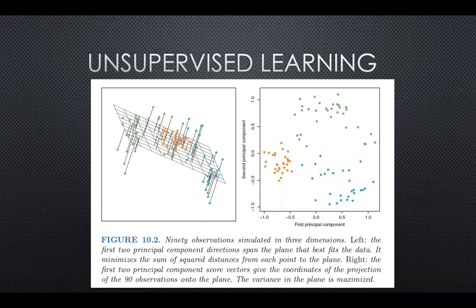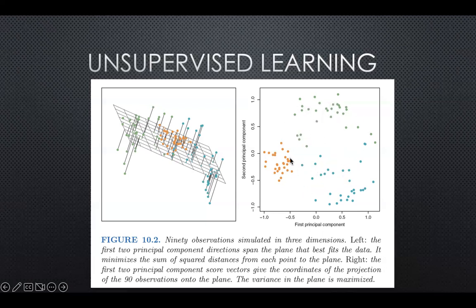We want to capture as much information as we can while still going into a lower dimension. So we can go from 3 dimensions to 2 dimensions on this right-hand side diagram. You can see that this is a 2-dimensional representation of the data that captures most of the variation that the data has.